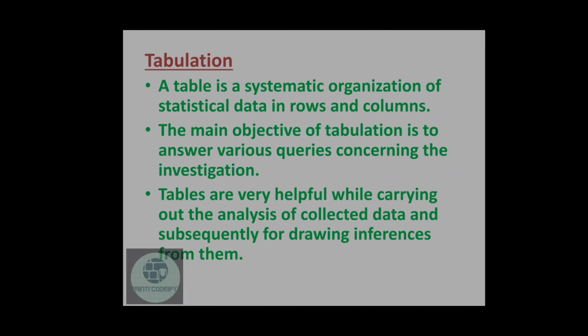In this session, we are going to learn about tabulation in statistics. A logical step after classifying the statistical data is to present them in the form of tables. A table is a systematic organization of statistical data in rows and columns. The main objective of tabulation is to answer various queries concerning the investigation.